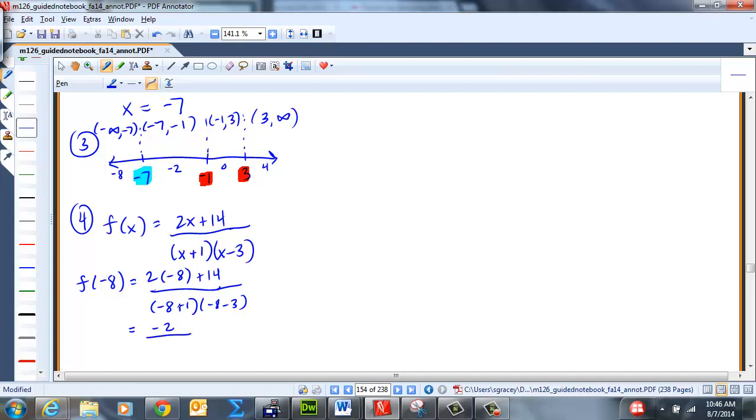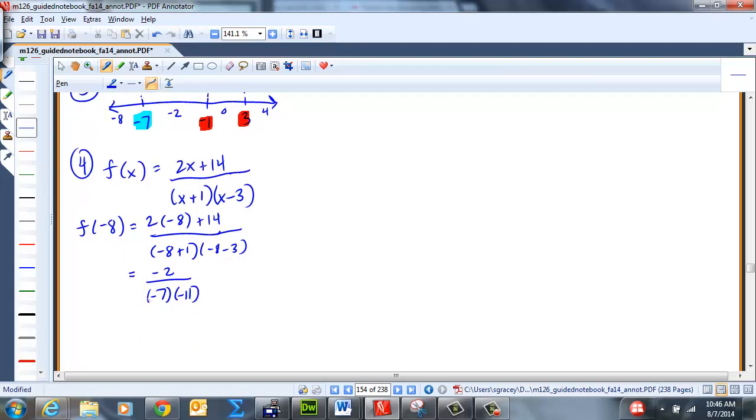And then we'll have negative 8 plus 1 is negative 7, so we'll have negative 7 times negative 11. That'll give us negative 2 over positive 77, which is greater than 0. So we put a plus sign in this interval.